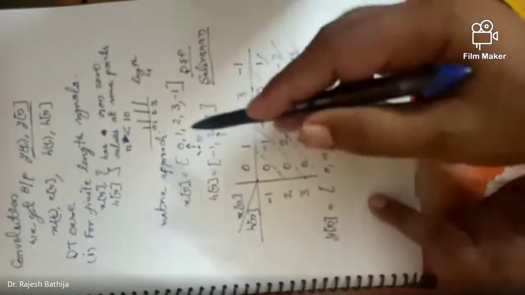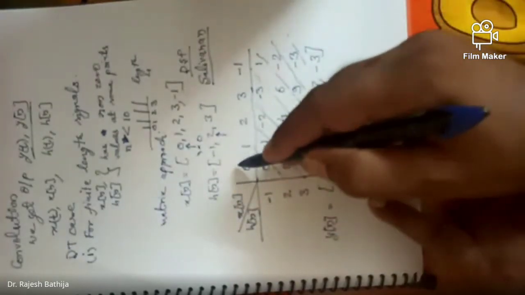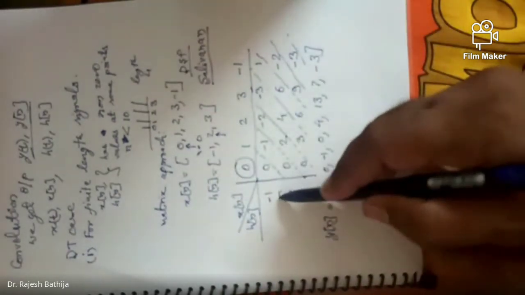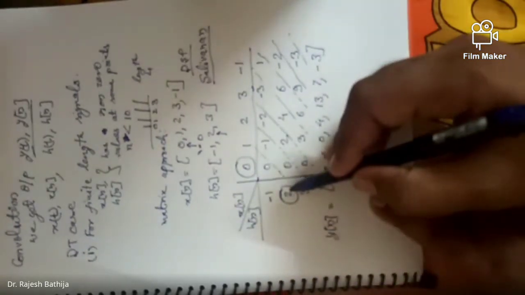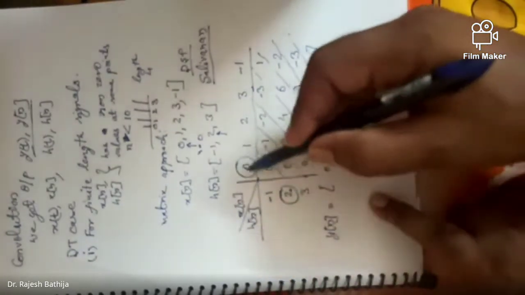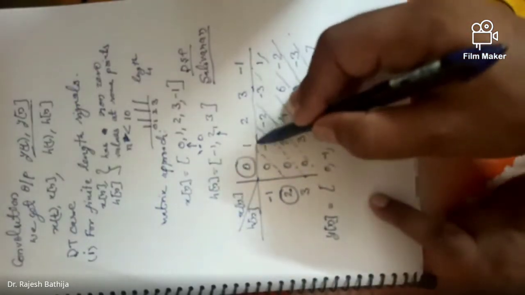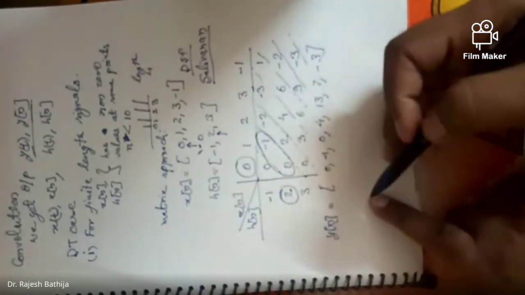Now see carefully. Here, the x of n equal to 0 point is this, so we circle this. The h of n 0 point is this, so we circle this. Wherever these circled elements, the 2 and the 0, are multiplied and the product is coming in a diagonal, we circle that diagonal.